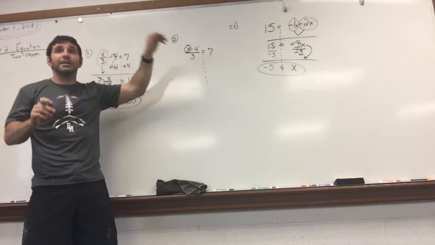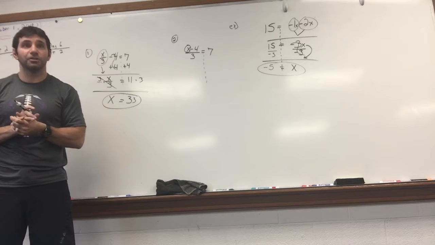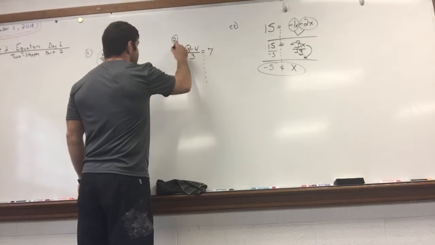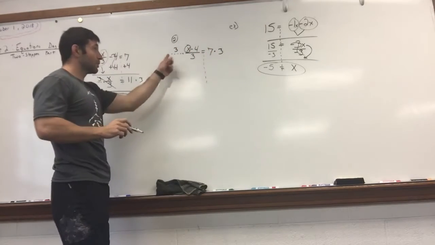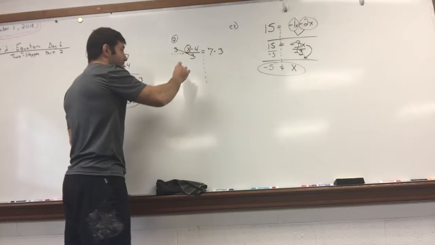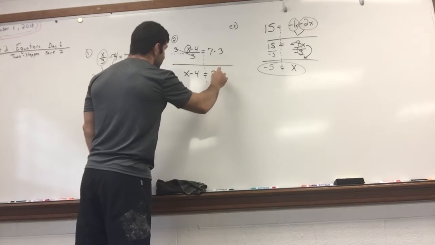When it's all getting divided by a number, we have to get rid of division first. So our first step is to multiply by the 3. 3 divided by 3 is 1, but 1 what? All of this comes down. 7 times 3 is 21.